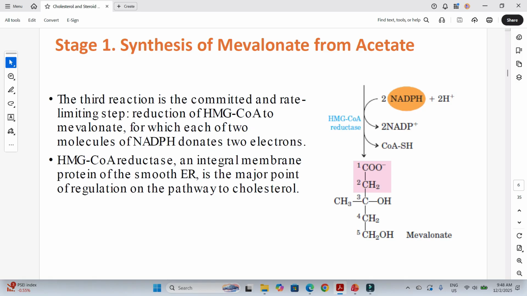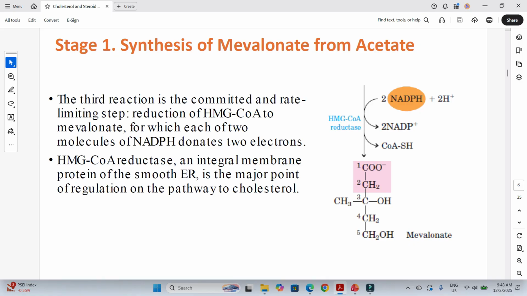Now this third reaction is the committed and rate limiting step in stage 1 of cholesterol synthesis. Actually, it's the rate limiting step in the biosynthesis of cholesterol.